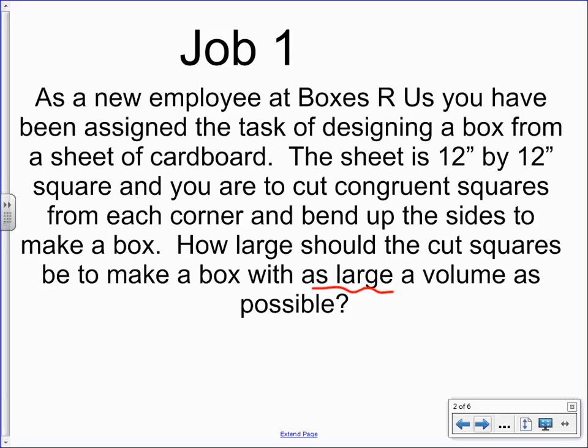So if we are presented with a problem where they're asking us to optimize something, make something as big as possible, or make something as small as possible, we have this first derivative that can help us find minimums and maximums of a function, right?